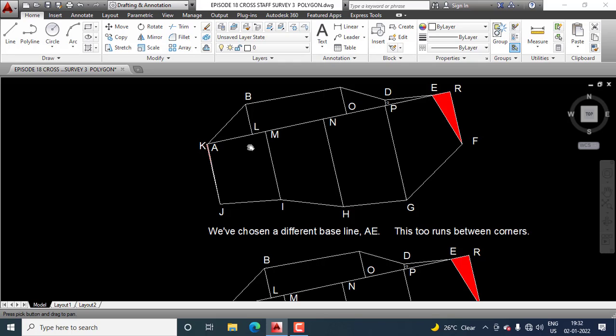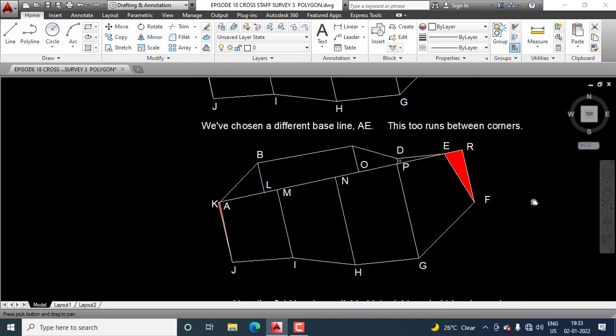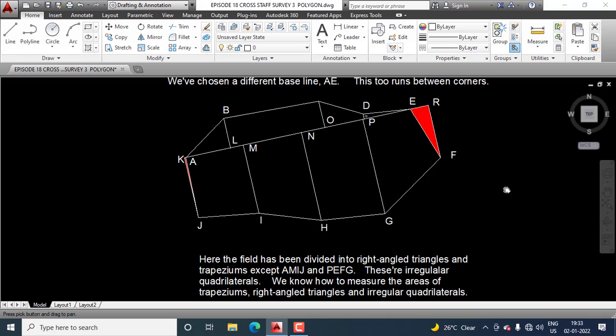Of course, this baseline also runs between corners, corner A and corner E. Here the field has been divided into right angle triangles and trapeziums except AMIJ. AMIJ is not a trapezium because AJ is not parallel to MI.